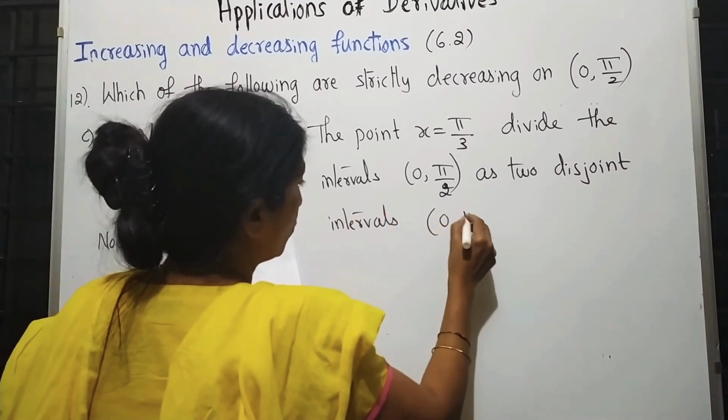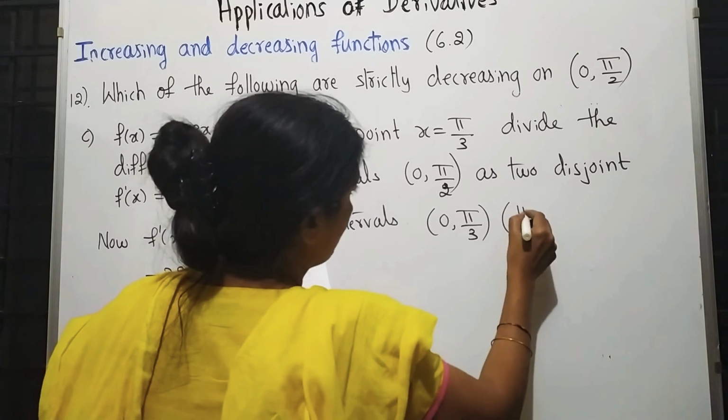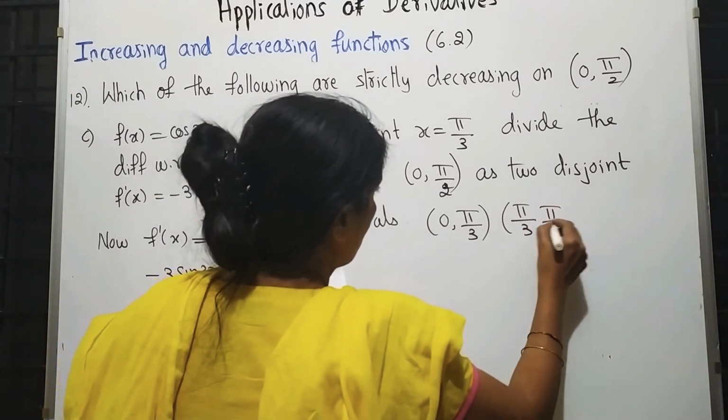One is 0 to pi by 3 and next one is pi by 3 to pi by 2.